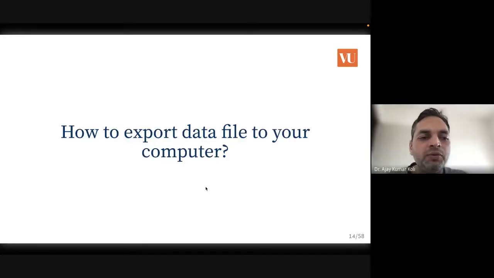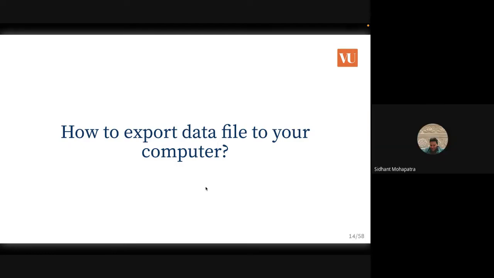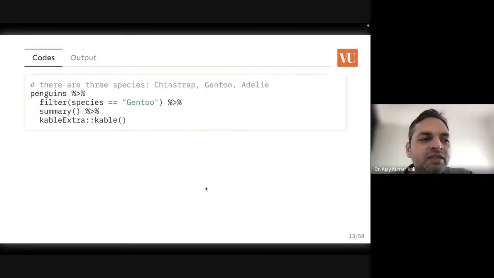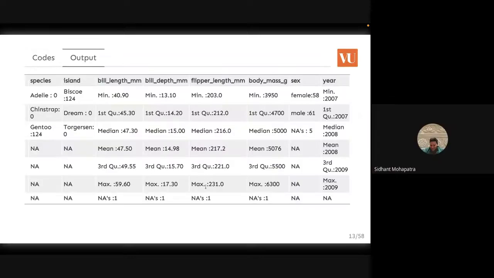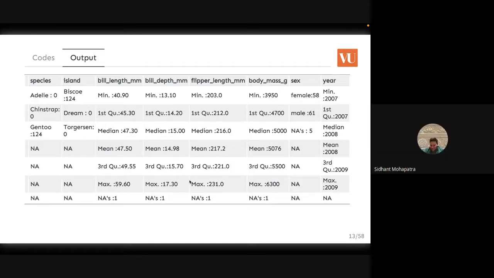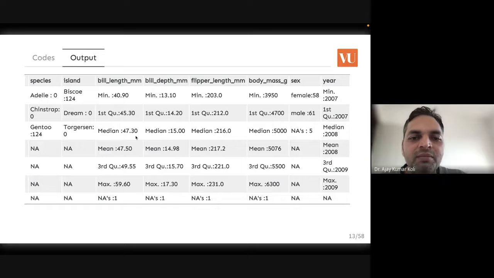Now let's see how to export this changed file to your computer. Yes, please. What was kableExtra doing over there? kableExtra is a package to convert your output into a table. You see the difference in the output: there is a gray and white table. Are you able to see? Yes, sir. So these changes are done by kableExtra.